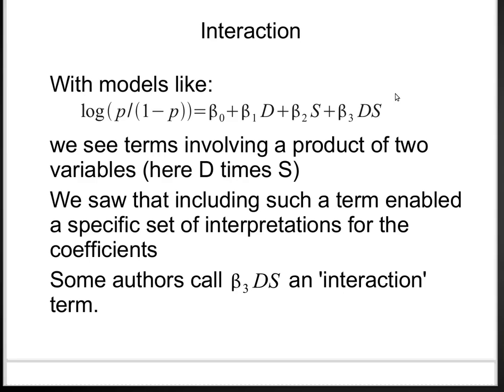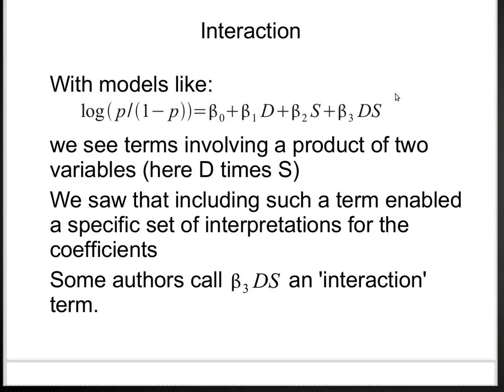That product enabled us to provide an important interpretation for beta 3, something that really helped us throughout this process. In this particular instance, that model with those 4 terms enables us to interpret the regression coefficient beta 3 as the thing we want to use to assess the presence or absence of modification.